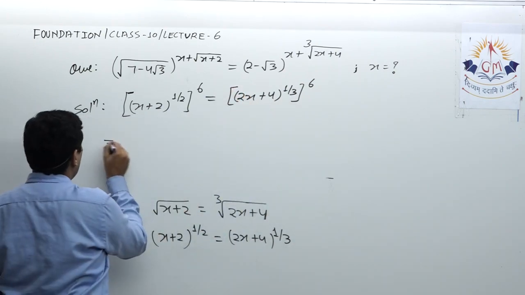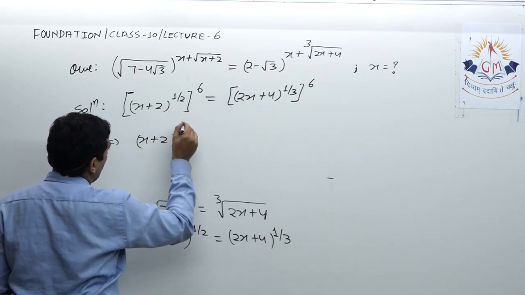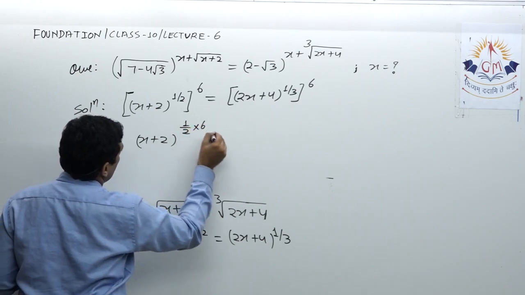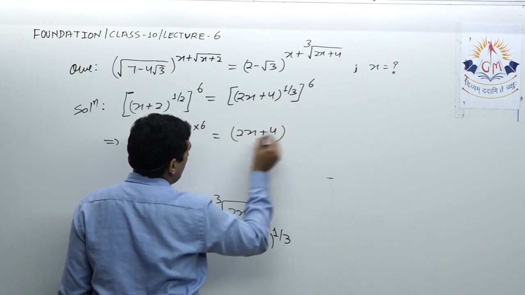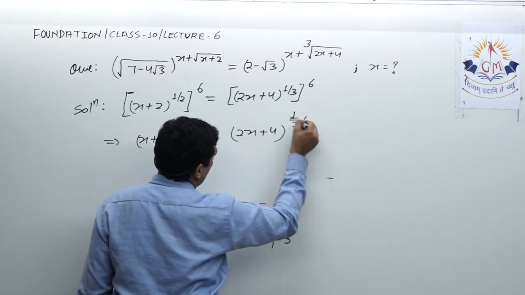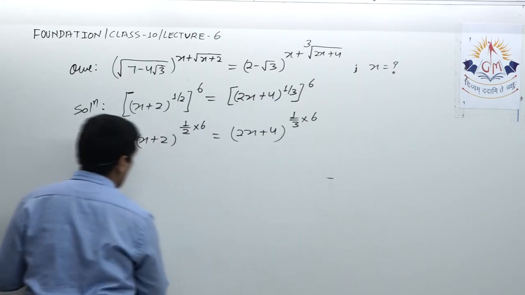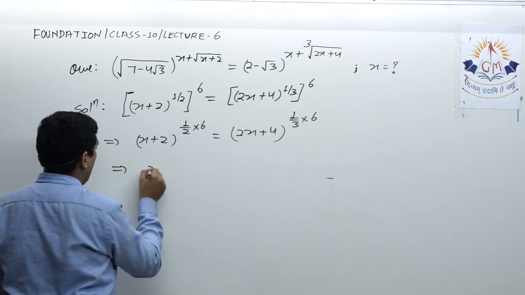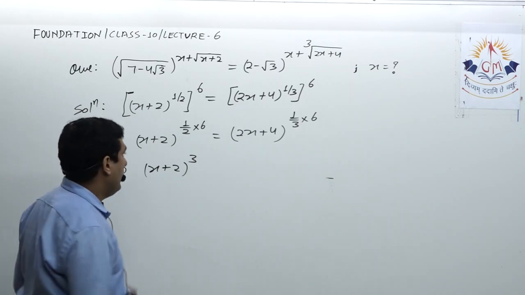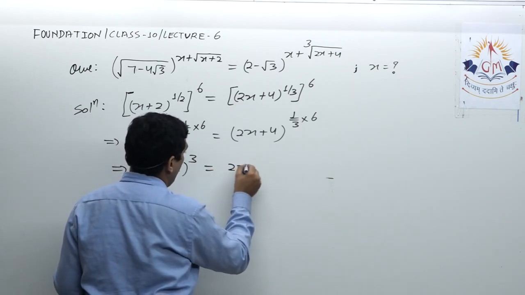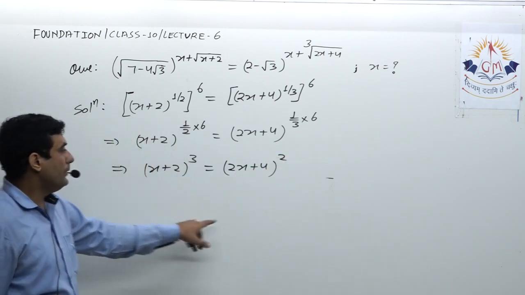Now if I apply the power law, this is 1 by 2 into 6, and here again I can use power law, 1 by 3 into 6, power to power, so we can multiply the powers. So here I'll get (x plus 2) raised to 3, and over here (2x plus 4) raised to 2. Here it is cube, here it is square.